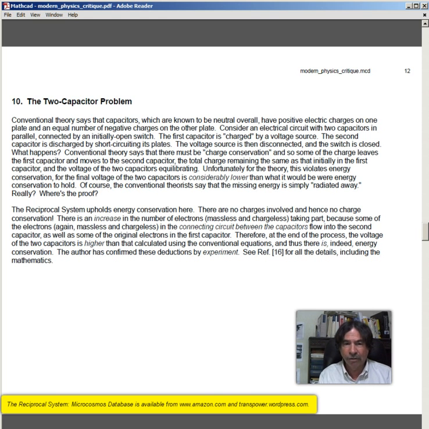Therefore, at the end of the process, the voltage of the two capacitors is higher than that calculated using the conventional equations, and thus there is indeed energy conservation. The authors confirm these deductions by experiment. See reference 16 for all the details, including the mathematics.